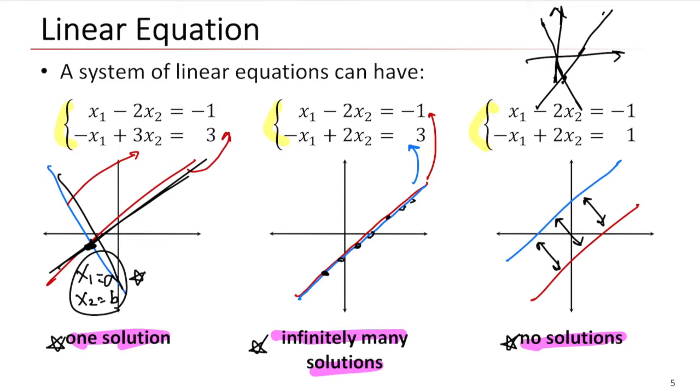But if the graph looks like this, for instance a parabola, there would be another possibility like this one. But in the linear equation and linear system, we don't deal with this case. So to summarize, there are only 3 possible solution cases.